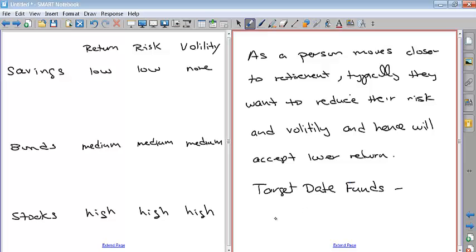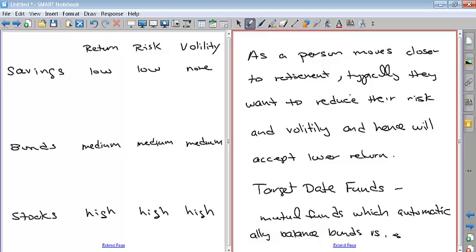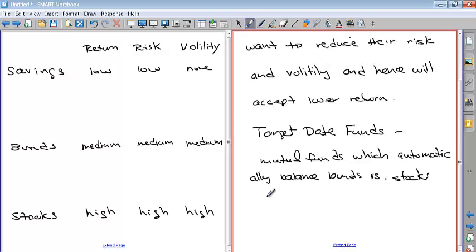These are mutual funds which automatically balance bonds versus stocks as you approach and pass your expected retirement date.